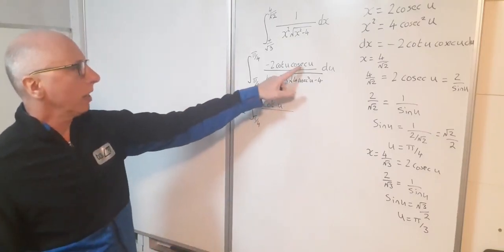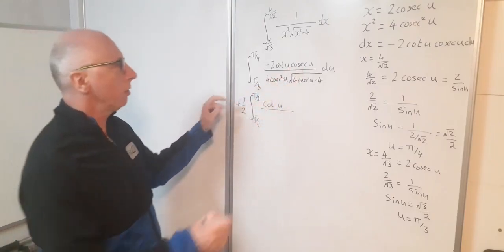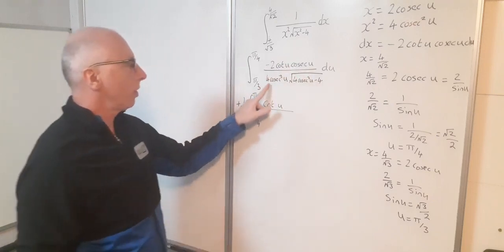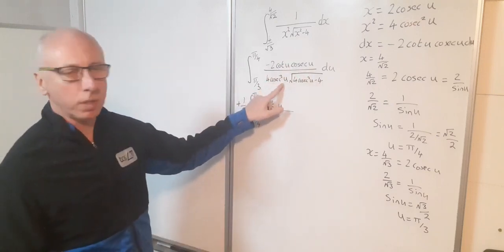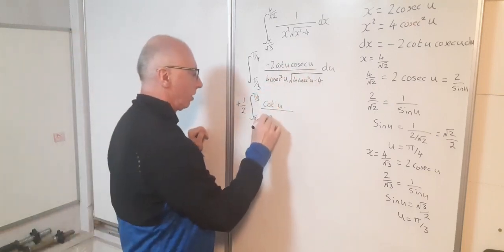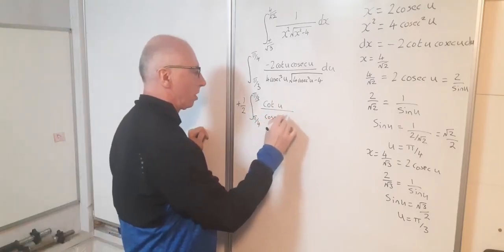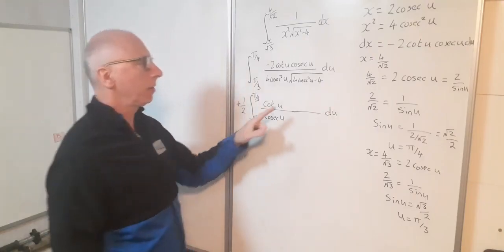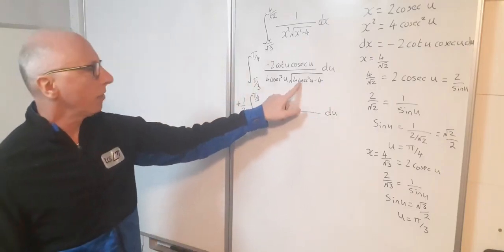Right, now here, cosecant u, cosecant squared u, so that will cancel out with one of those. So now I'll have cosecant u in my denominator. Du will stay. Now this one, what have I got there? I've got a square root.